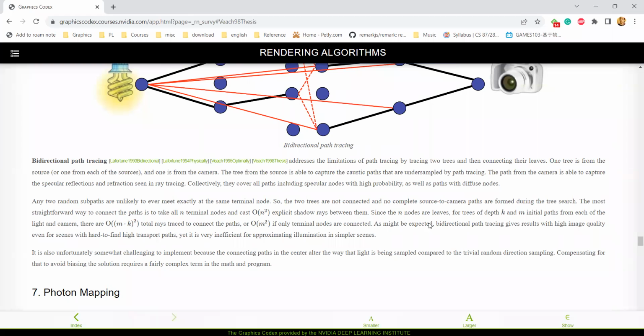Let me read this again. N terminal nodes, N squared.